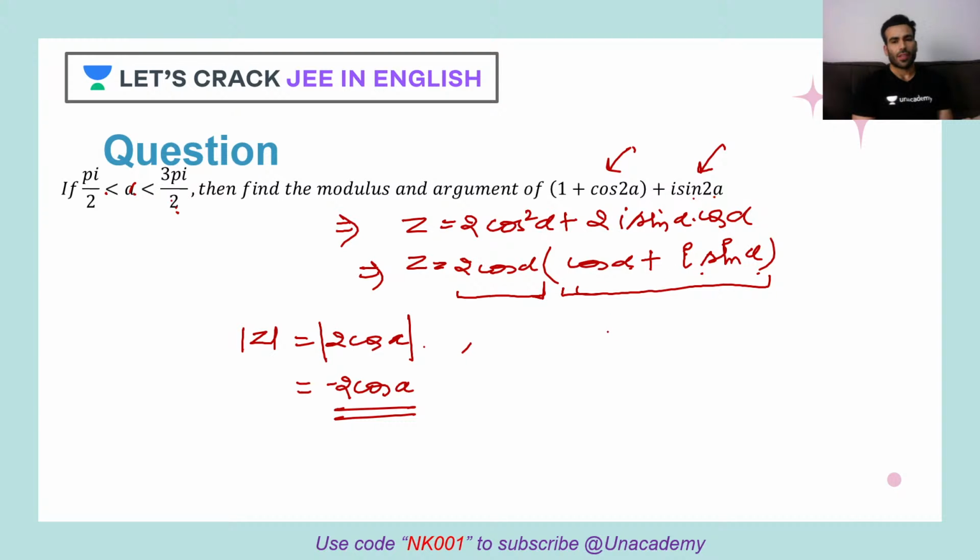Now look at this. When this is an Euler form, it is clearly seen that the argument of z is what? It's alpha only, and alpha is varying from pi by 2 to 3 pi by 2.